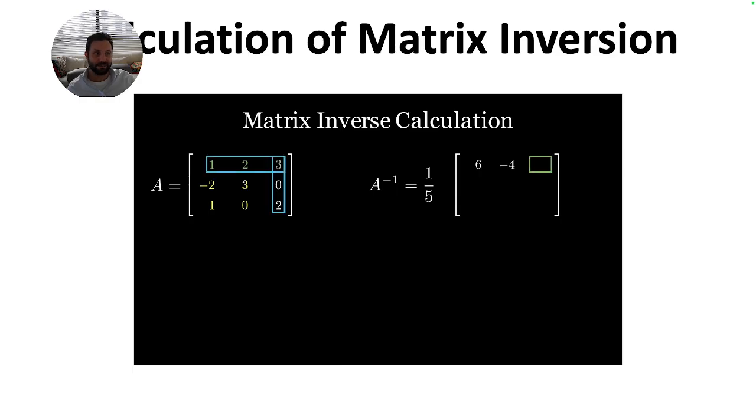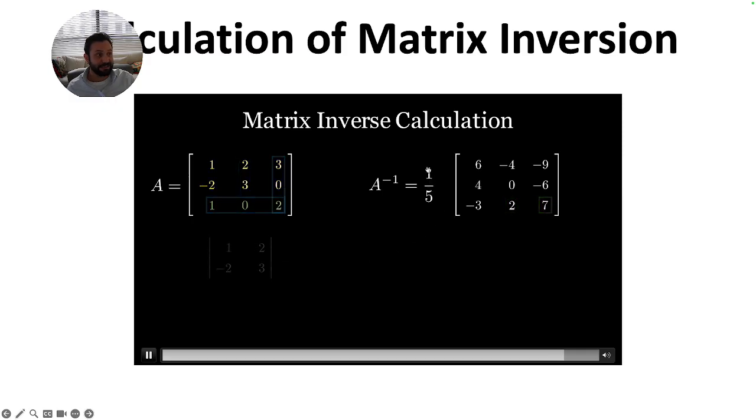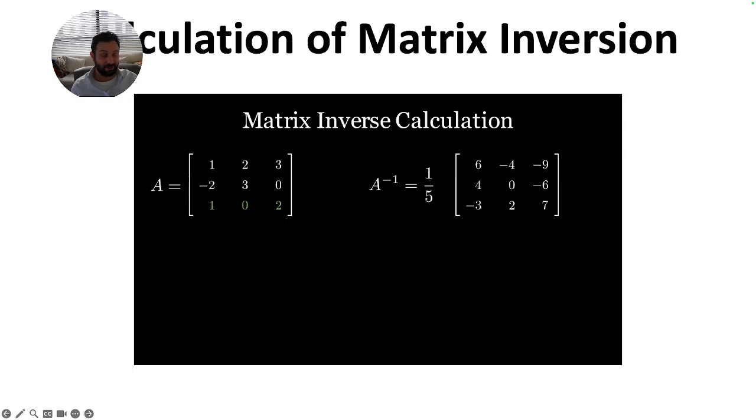Third one, same way. Don't worry, it's not going to be as slow. It's going to keep speeding up because you get the point, and we populate everything. Finally, we divide everything by 5, which is the determinant of the input matrix. So that was how the matrix inverse is calculated.